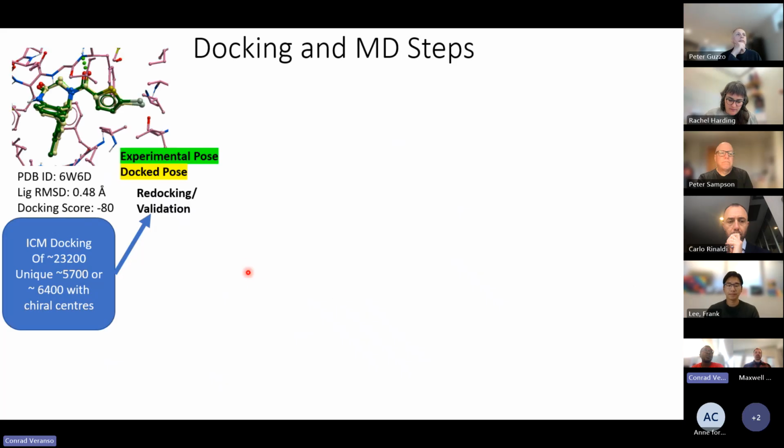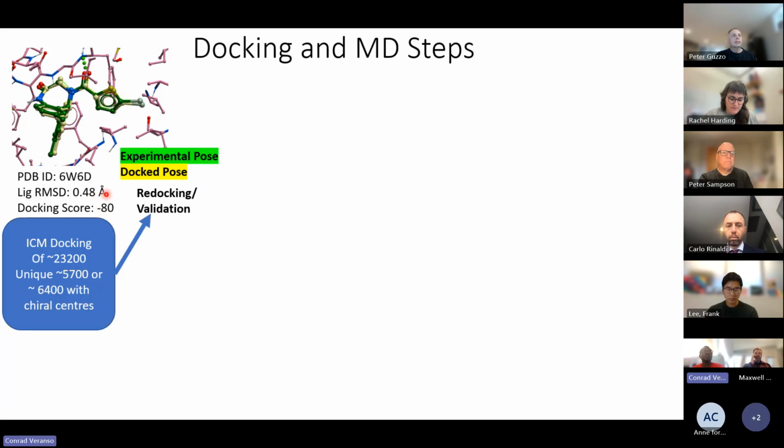For the docking process, the first step we usually do is the validation or redocking of already known ligands, most importantly the ones that are already crystallized. In this case, our reference was using the PDB 6W6D because this was the closest to what I was working with. And it did dock well with a good docking score.